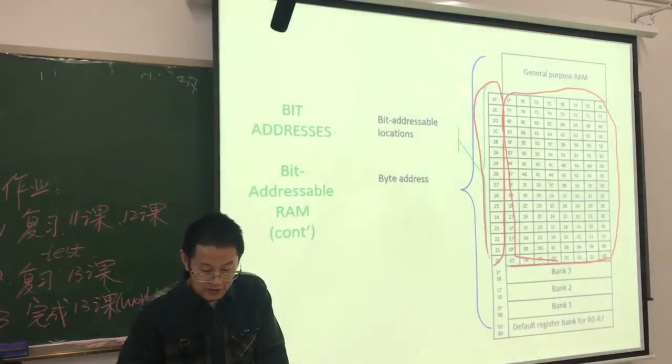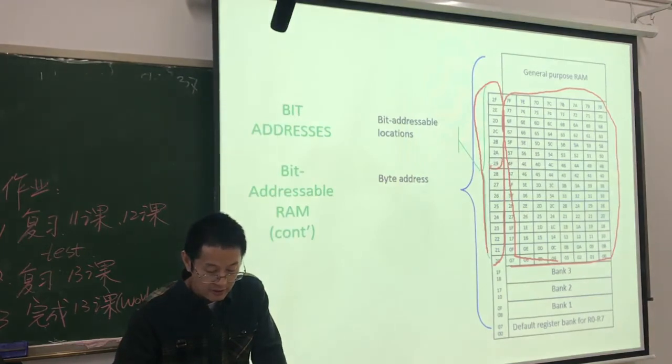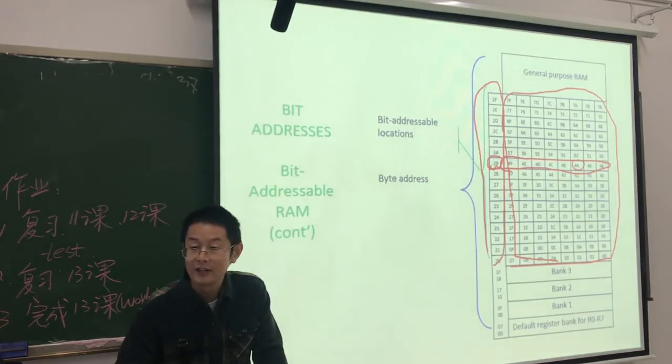Just for example, this is byte address 29H. If you use 29H, you access all 8 bits, but if you want to access 1 bit, for example bit 4A, you can use 4A as the bit address, or use 29H.2 for the same bit.